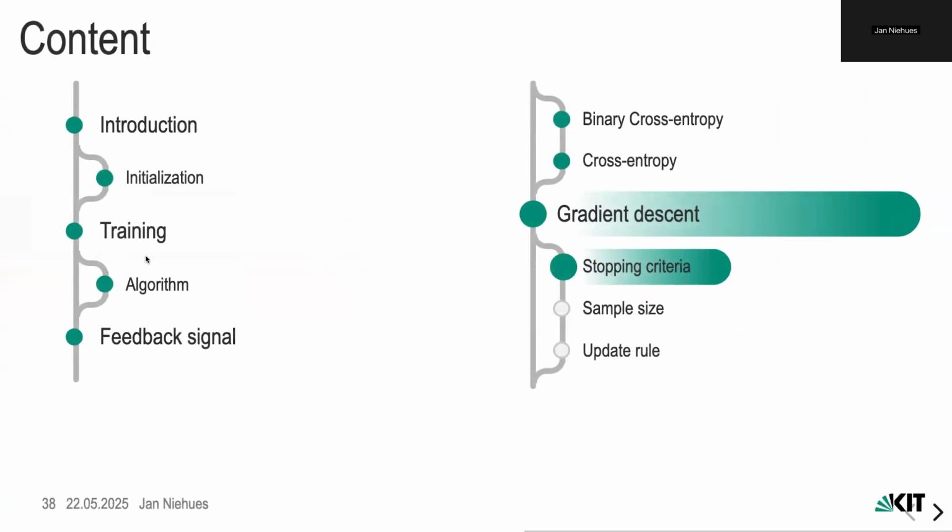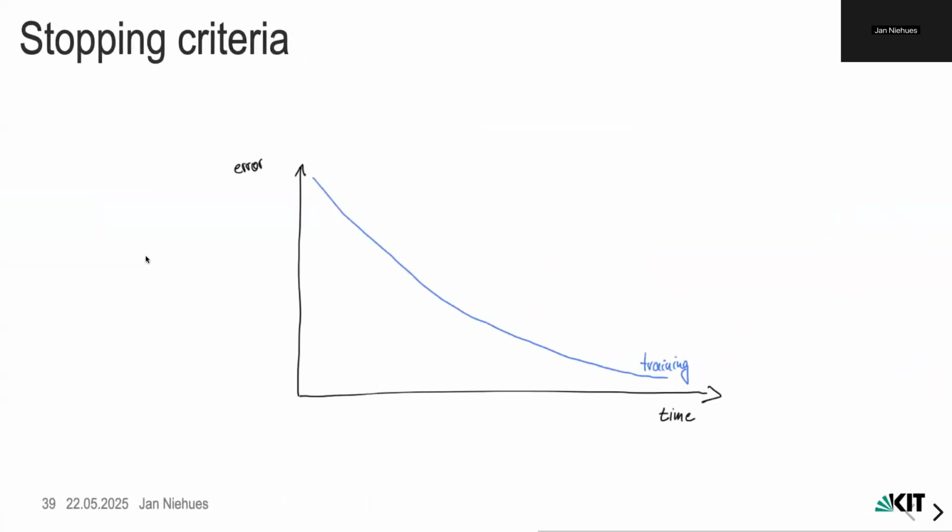So let's start with the stopping criteria. Even if you have the perfect convex function, a very nice function, this is what will happen. You start with a very high training error, and then you're doing your steps. Since you're doing gradient descent, your error should go down, and then finally you have here the minimal training error.